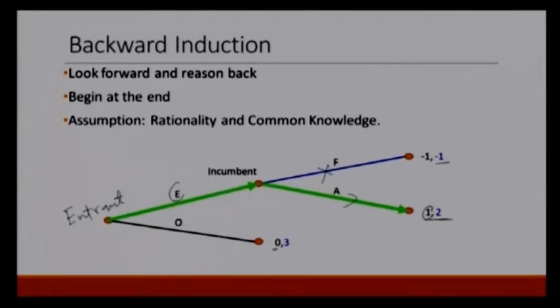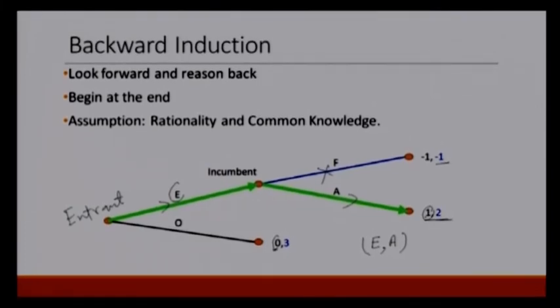So, 1 is definitely greater than 0. So, what would the entrant do? Because the entrant is rational, the entrant would move in this direction, and then of course, we have already figured out that the incumbent would take action A rather than F. So, what is going to happen in this game? The entrant is going to take action E and the incumbent is going to take action A, and the payoff for the entrant is going to be 1 and the payoff for the incumbent is going to be 2.